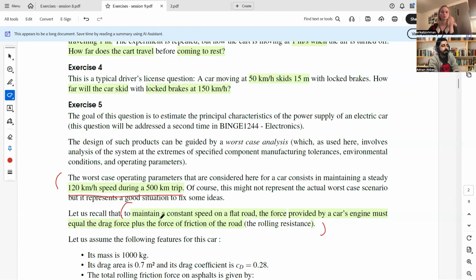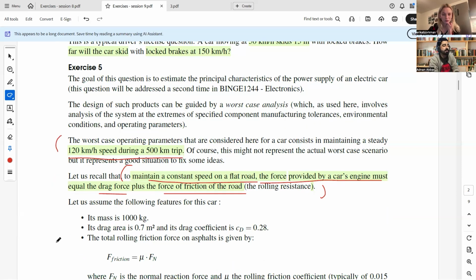To maintain a constant speed on a flat road, the force provided by the car engine must be equal to the drag force plus the force of friction. That is the main thing we have to prove here. What we have given here: the mass, the drag coefficient, and the area.